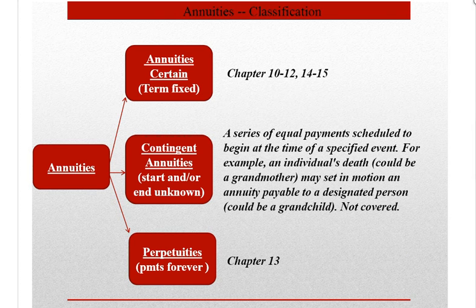Major classification of annuities, we have three categories. Annuity certain, that's an annuity where the term is fixed, so we know that we have a 5-year car loan of equal payments, or a 25-year mortgage. Contingent annuities are those whose start or end is unknown.